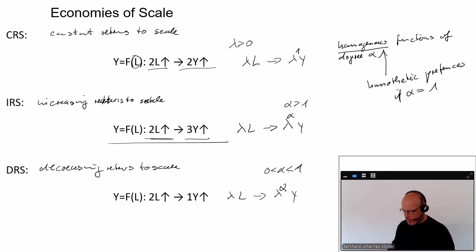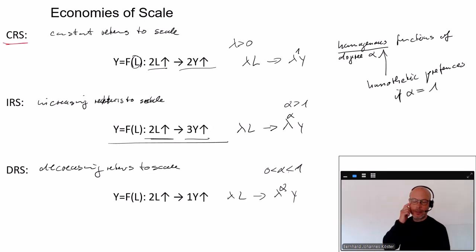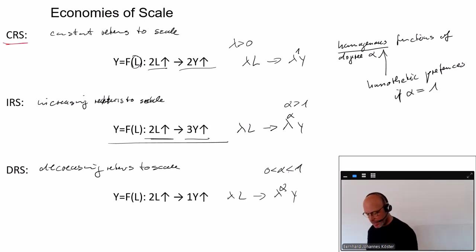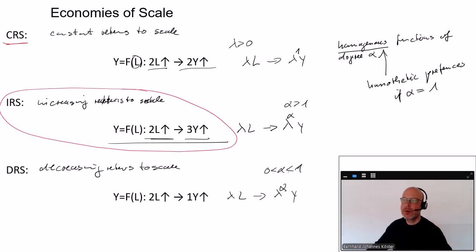Okay, so and now we relax this constant returns to scale assumption, and we assume especially that there could be also increasing returns to scale.